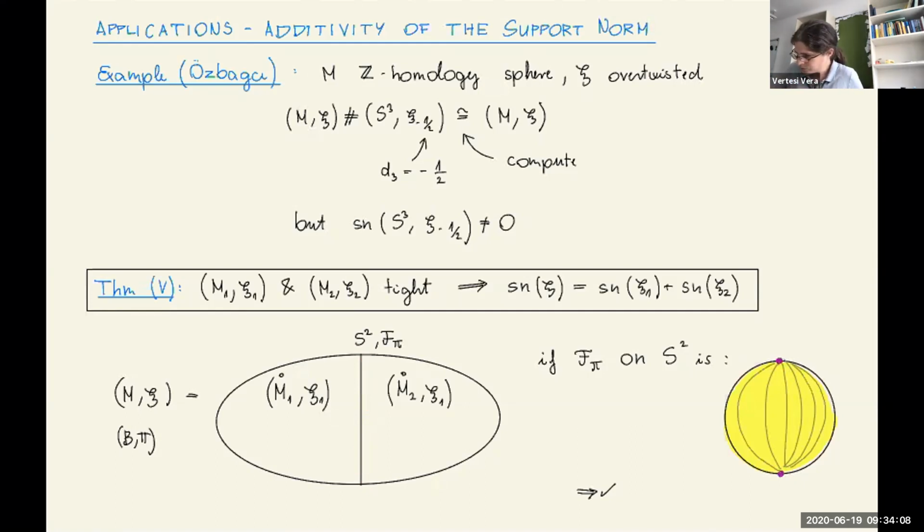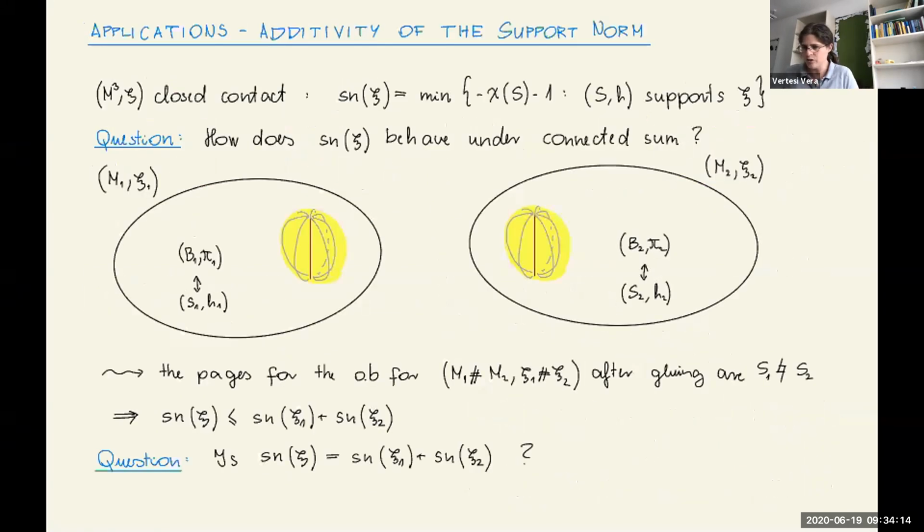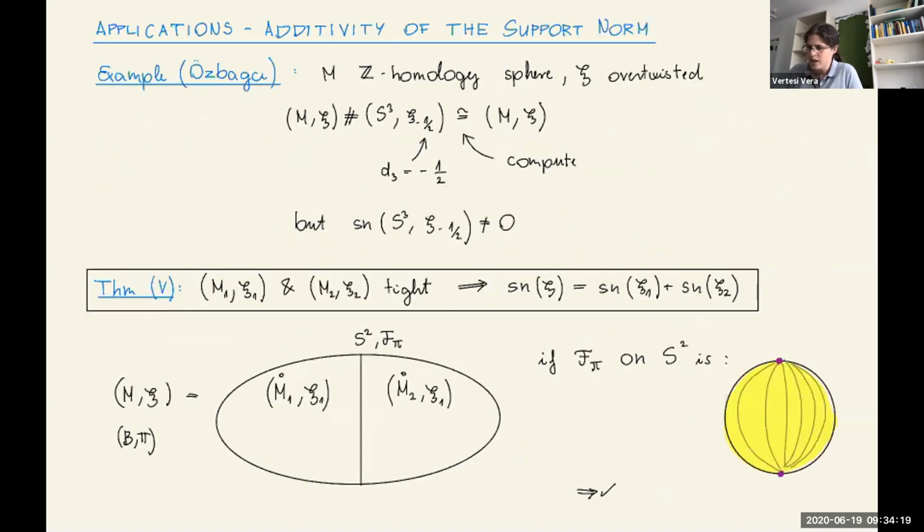First of all, we have seen, when we saw that the support norm is sub-additive, that if the open book foliation happens to be the standard one on this S2, then we are done.